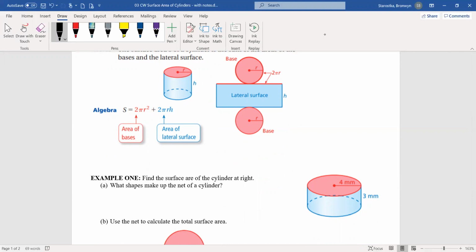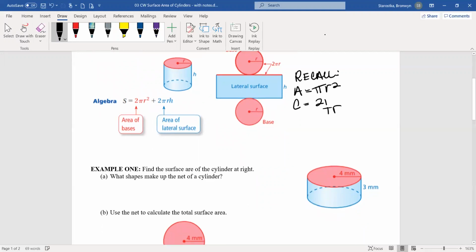A couple of formulas. Recall area is pi r squared, and circumference is 2 pi r. Notice the top part of this blue box that says lateral surface.